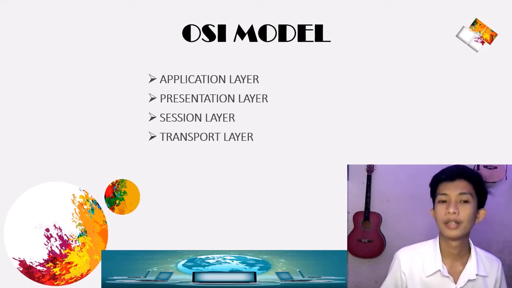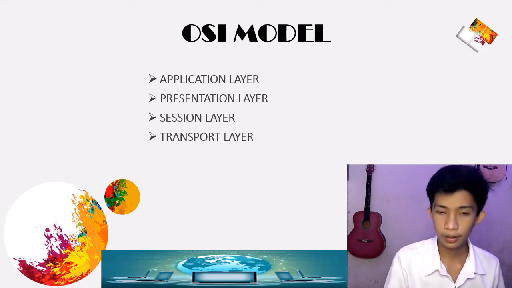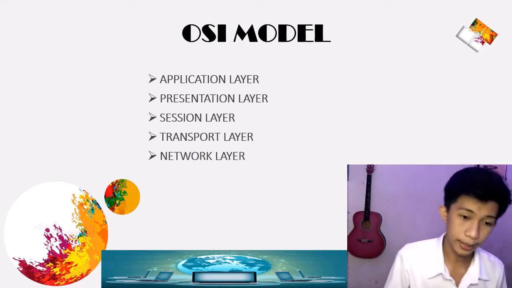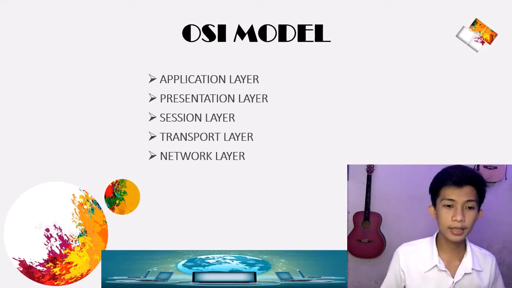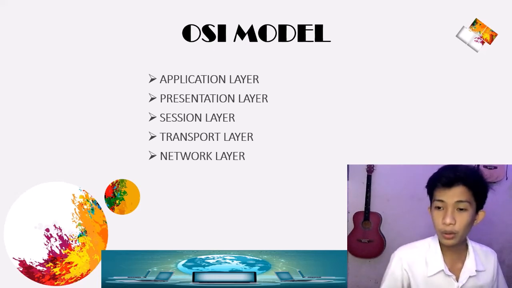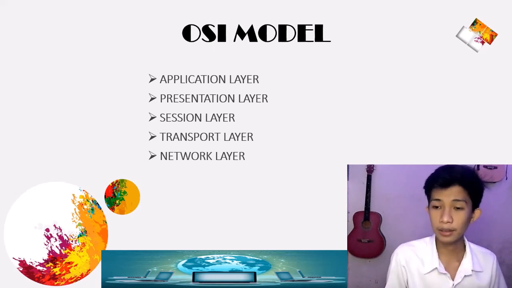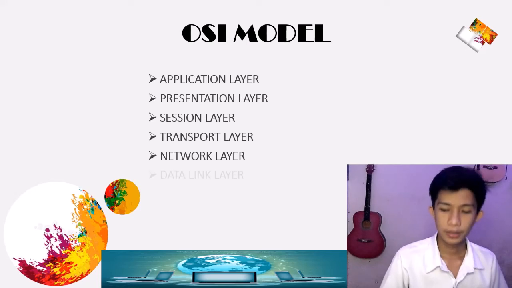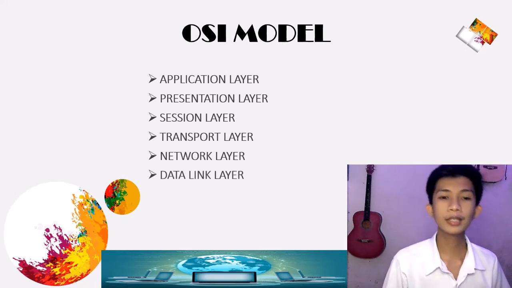So that is a transport layer. So the next one is a network layer. Sa network layer naman, nagde-decide siya kung anong physical path ang tatahakin ng data. That's the network layer, sorry guys, I said internet layer.